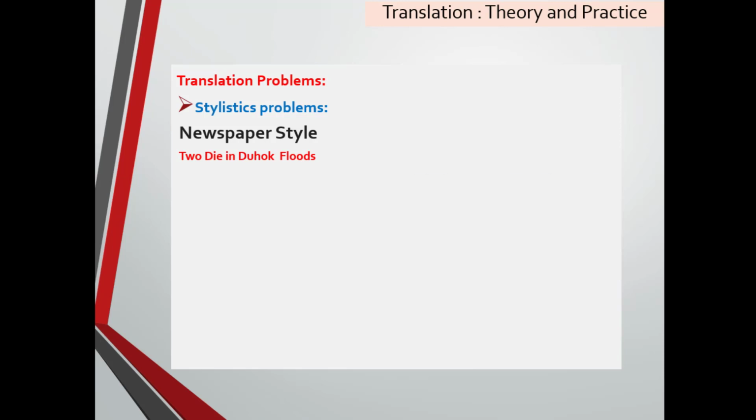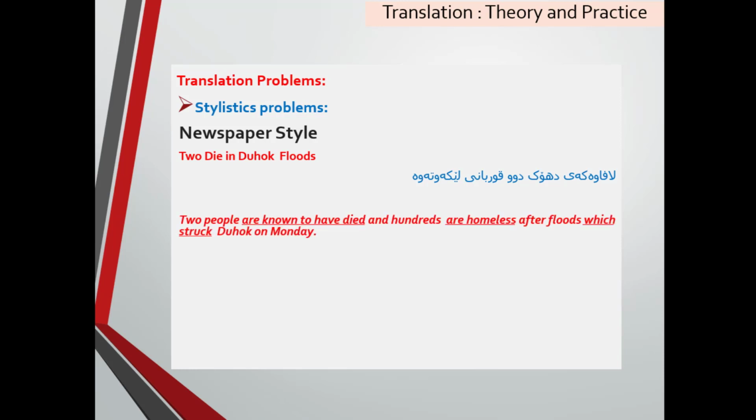So in Kurdish you say la fawaki Duhok du qurbani le kautawa, yani du kasbuna qurbani la fawaki Duhok bonumuna. Look at this sentence and concentrate on what is underlined also. 2 people are known to have died and hundreds are homeless after the floods which struck Duhok on Monday.